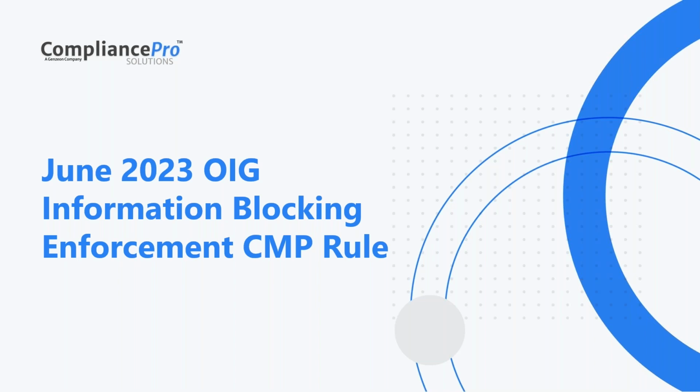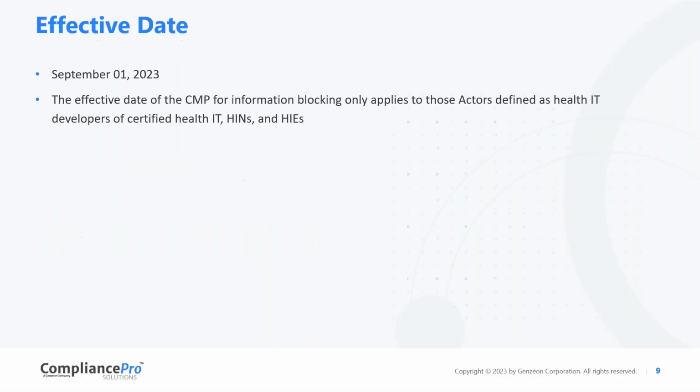Let's talk specifically about this June 2023 enforcement civil monetary penalty rule. It's effective September 1, which means it's already in effect. It's civil monetary penalties for information blocking that only applies to actors defined as health IT developers of certified health IT that's actually offering their EHRs to others, which we know some of the vendors do that.